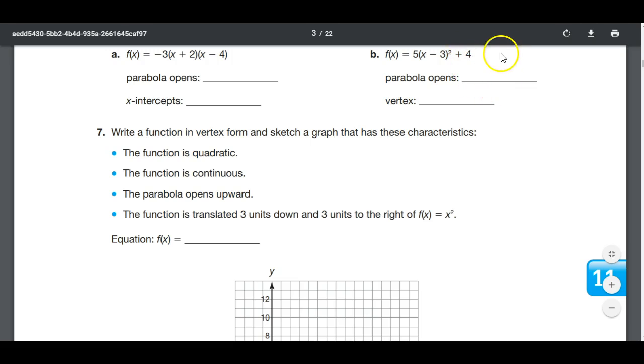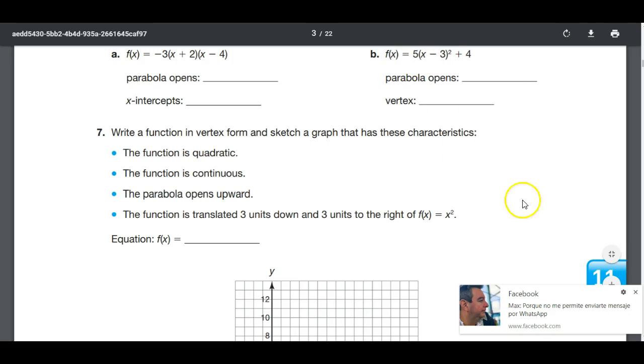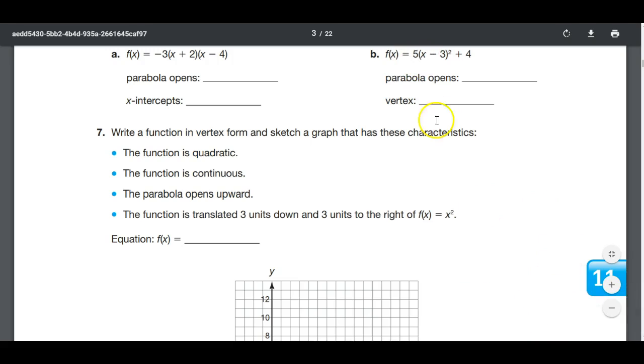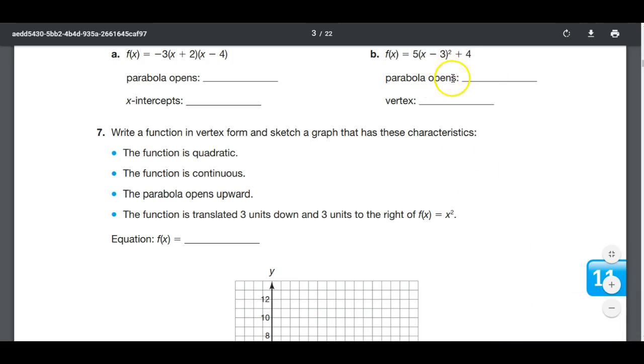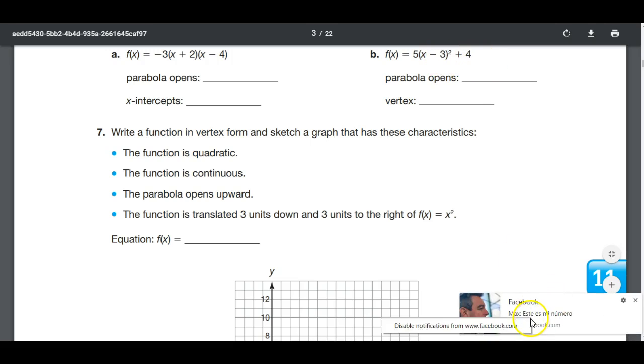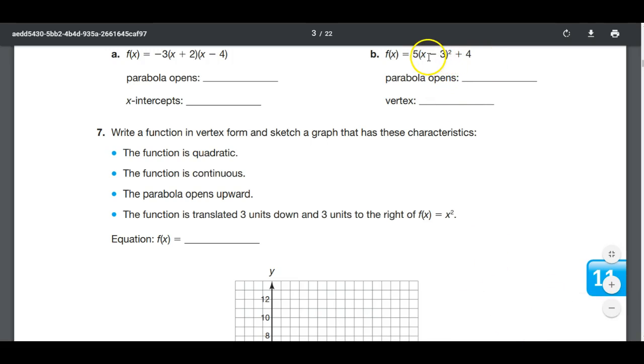And then the vertex is going to be at... this vertex form is a(x minus h) squared plus k. So the vertex is H and K. Okay? So this one's opening up and the vertex will be H and K. And H and K is X and Y.